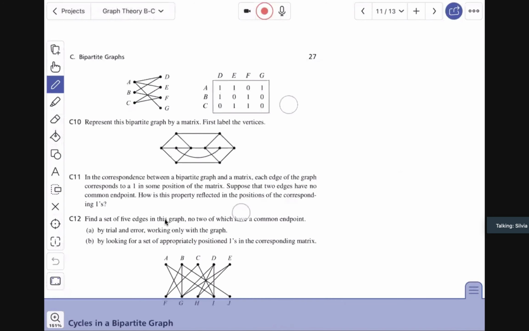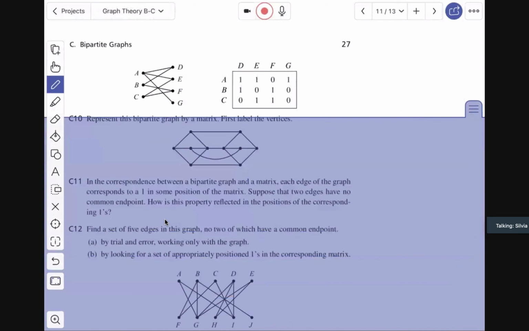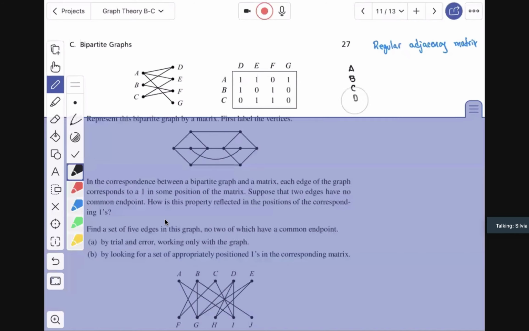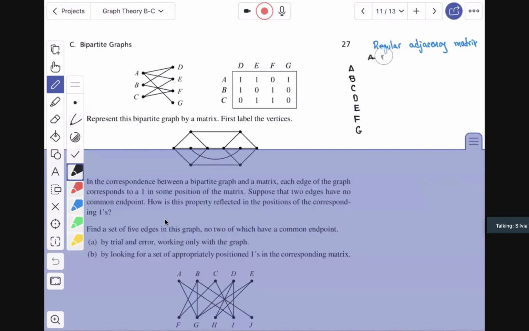The regular adjacency matrix for this graph will have labels for every single vertex: A, B, C, D, E, F, G, on both the rows and the columns. And the entries, remember, are zeros and ones.